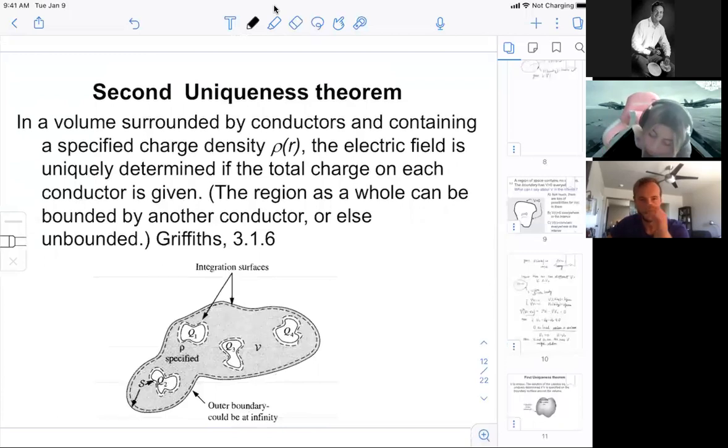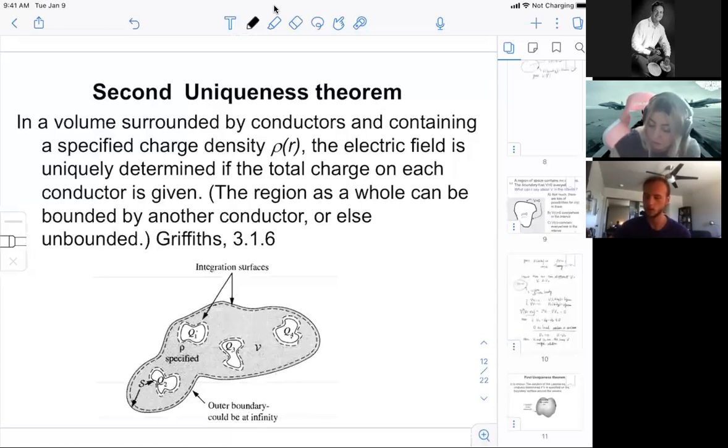The second one says, you're interested in this region, and this region has multiple conductors in it. And inside this region, you have some charge density in the space. We don't know what it is. But if you know what the charges are on these conductors, Q1, Q2, Q3, Q4, then you will be able to uniquely decide the electric field inside this region.